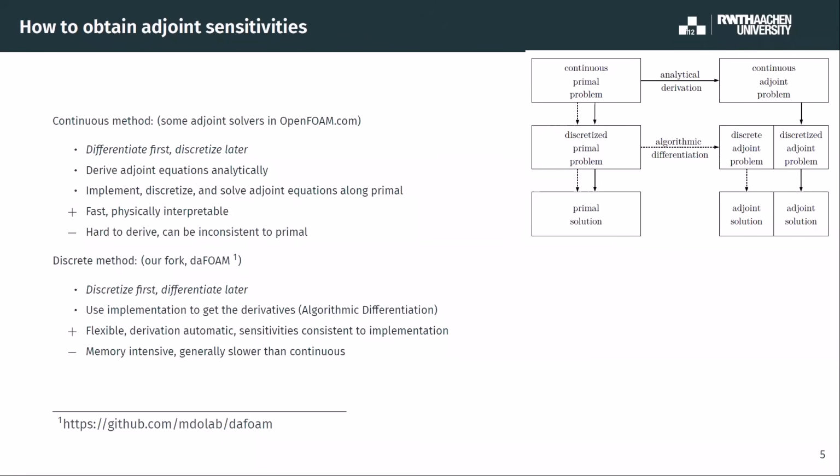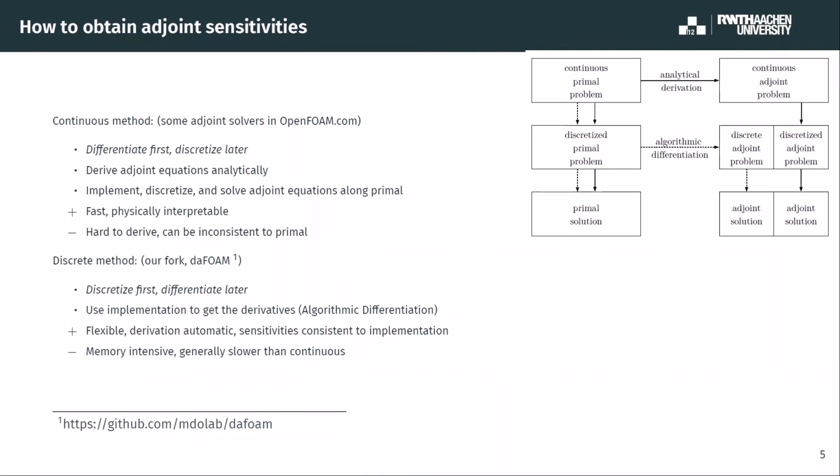This is another picture, which in a different form Professor Martins also showed yesterday, where we show the different approaches for this adjoint. So there's a continuous adjoint, which is in OpenFOAM.com for a few years, which is work started by Professor Genoa, which has the approach: we physically derive the adjoint equations, then discretize them and solve them more or less independently from the primal solutions.